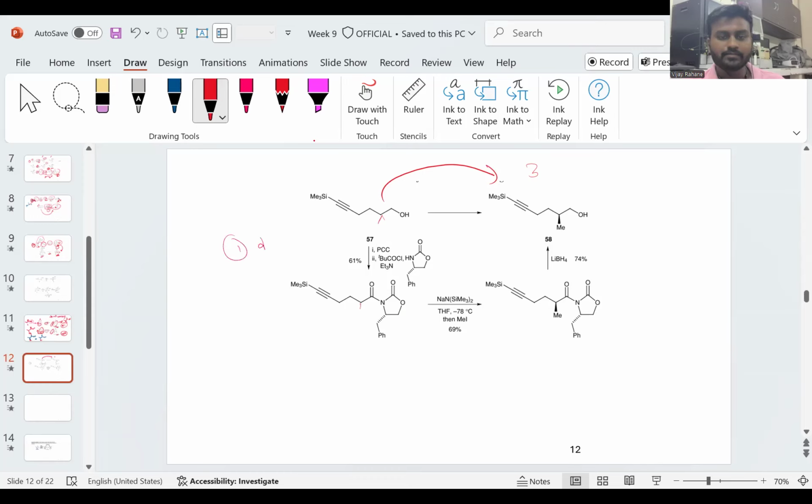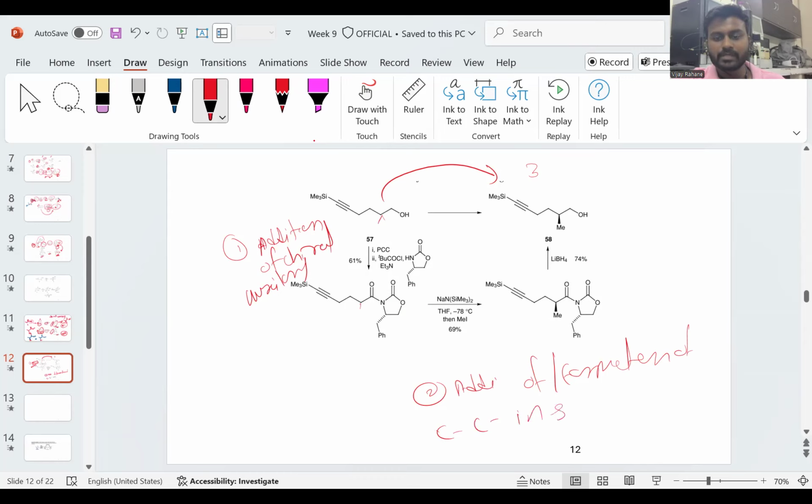The first step is the addition of the chiral auxiliary. The second step is the formation of the carbon-carbon bond in a stereoselective fashion.